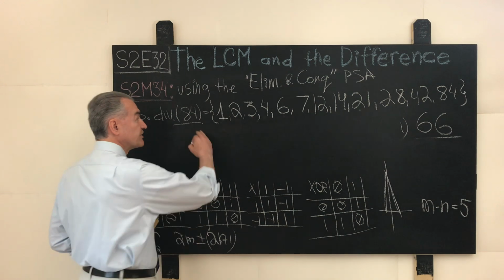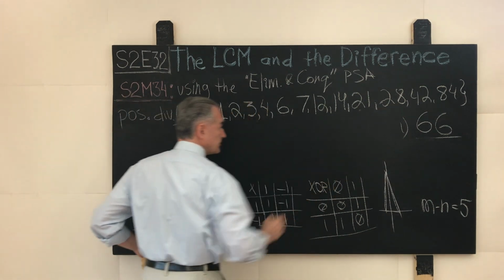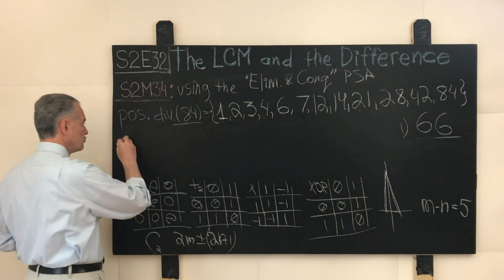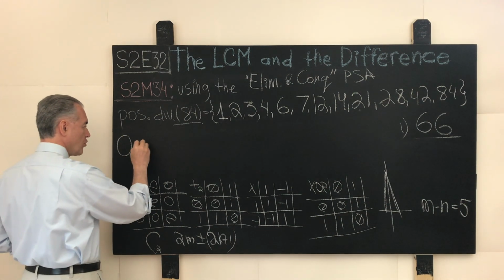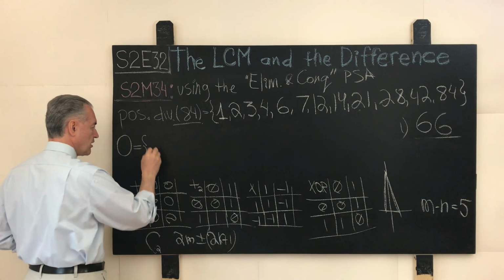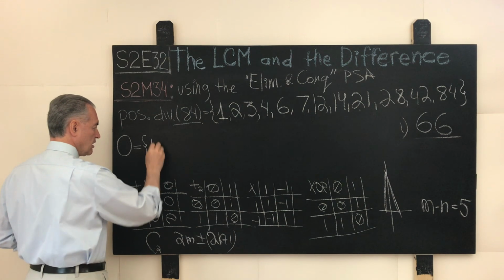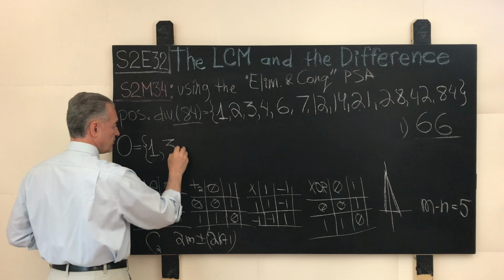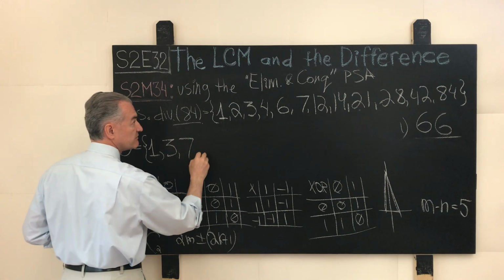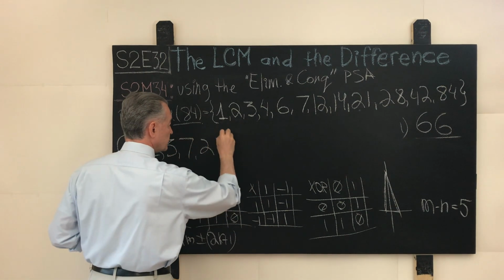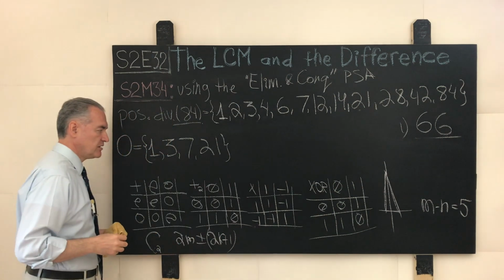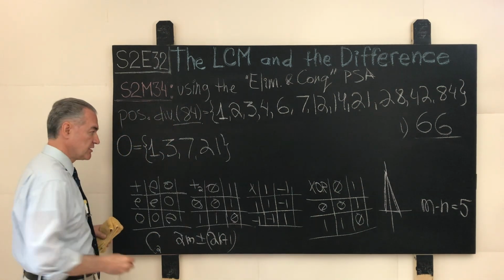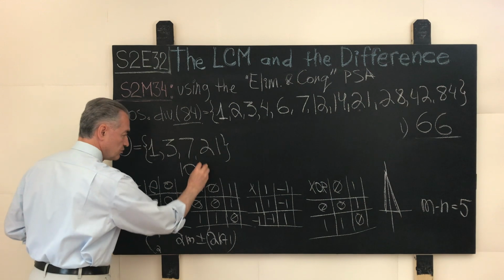Well, we can partition our set of positive divisors of the number 84 into two subsets. The subset O for odd numbers, and what will be the contents of this subset? 1, then what will we have? 3, definitely 7, and by the looks of it 21. That's it. The cardinality, the size, because this set is finite, is known to us right now.